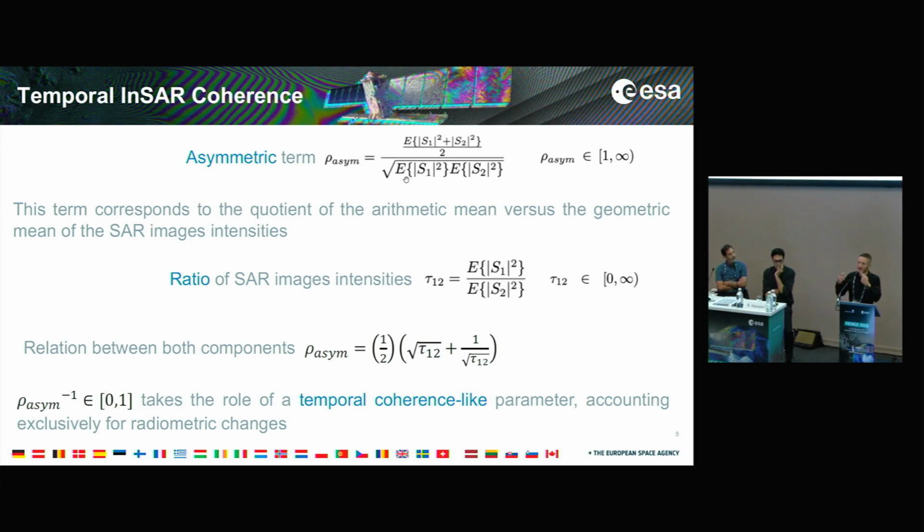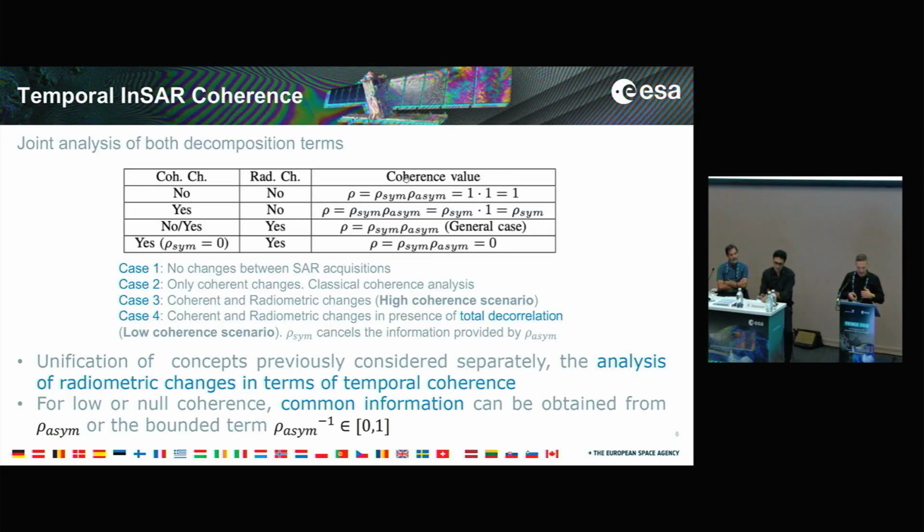So if we take the inverse as a side product, we have a bounded term, between 0 and 1, that can be used to detect changes. We don't have to face infinities in detecting changes. We have a very simple term to detect changes between 0 and 1. So we are facing some scenarios.